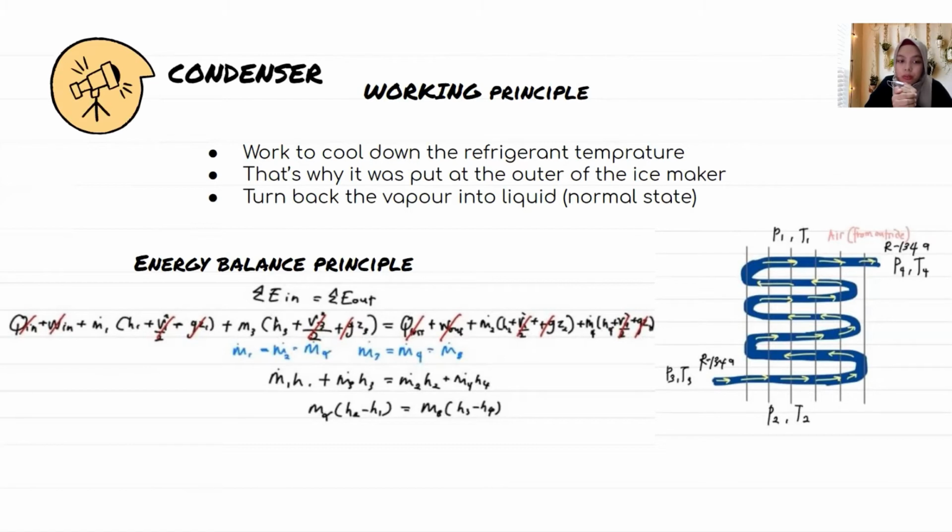As you can see here, m_a indicates the m dot of air and m_b indicates the m dot of refrigerant. The final equation is m_a (h2 minus h1) equals m_b (h3 minus h4).